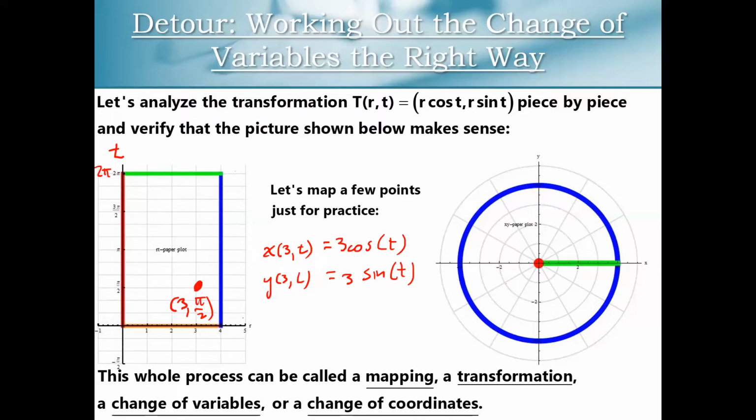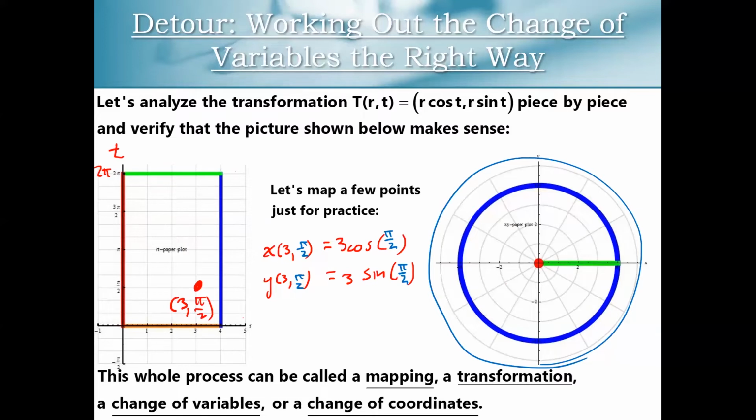Maybe I'll change colors here. Try not to erase too much. So let's change ink colors. Pi over 2 in each spot. And I'm going to leave it for you to calculate these and figure out which point in XY space I map into.